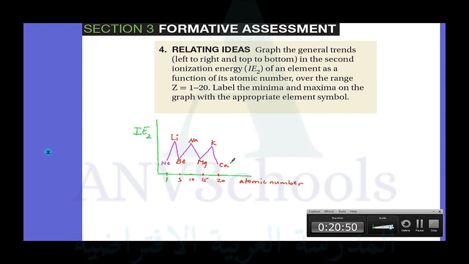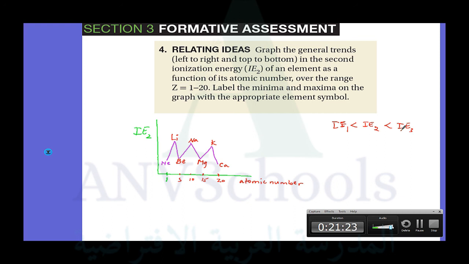Second ionization energy, as we have said, is stronger than first ionization energy, because the first ionization energy is always much easier than the second, and the second is easier than the third.